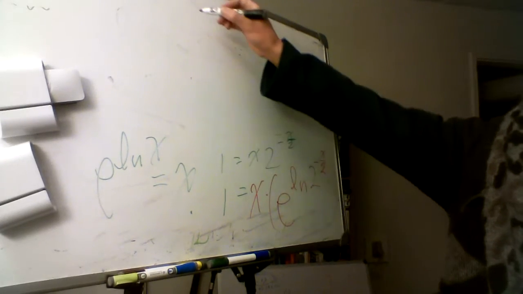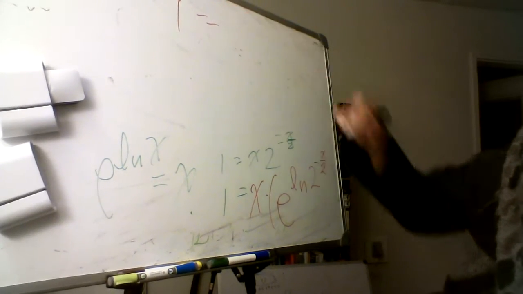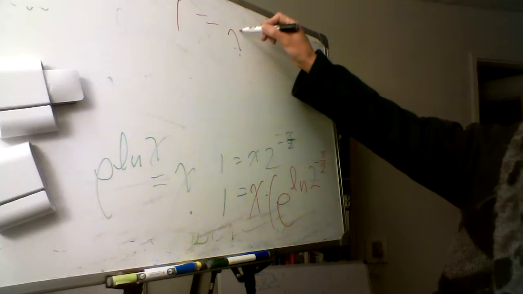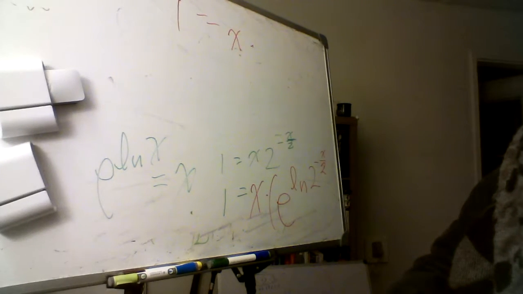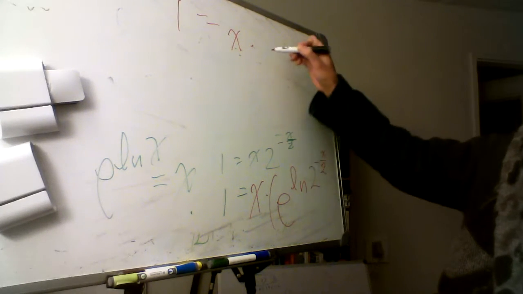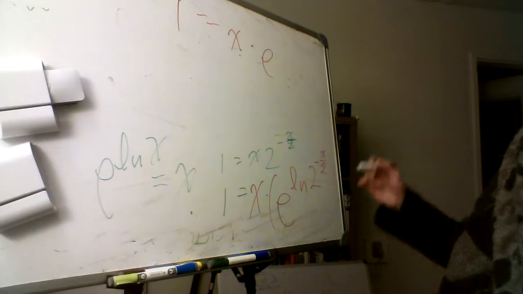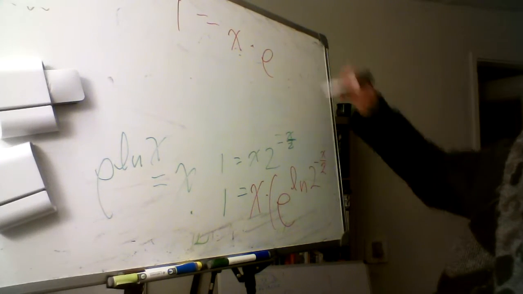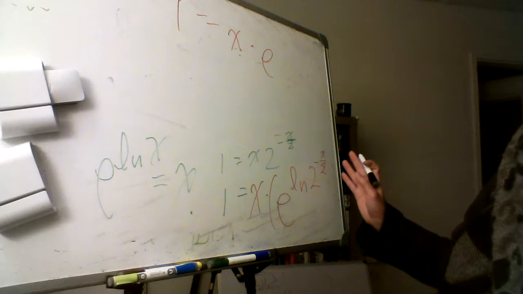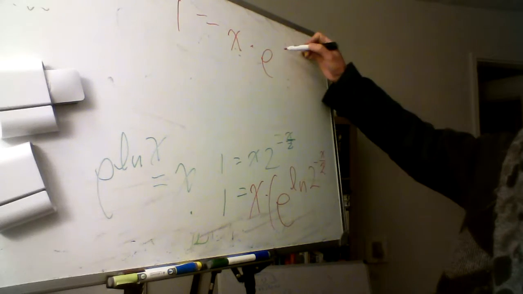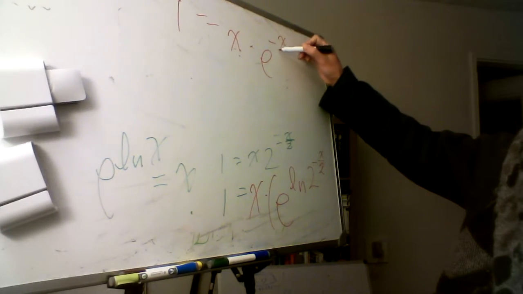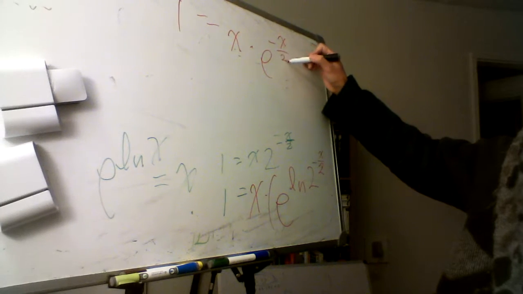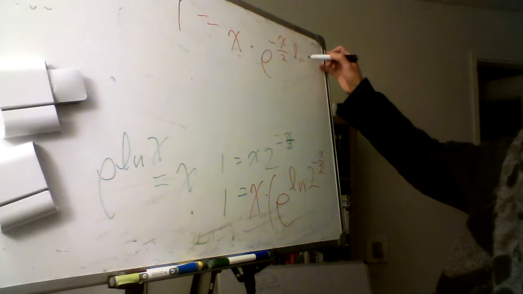So 1 is equal to x times e to the, yeah, this power that comes forward, so minus x times minus x over 2 ln 2.